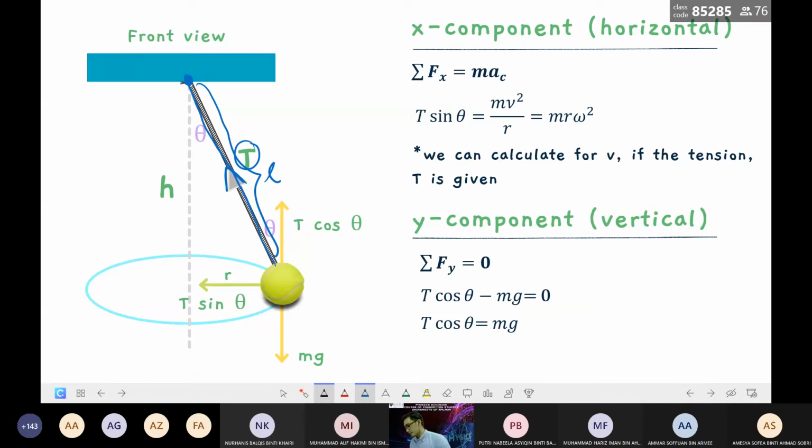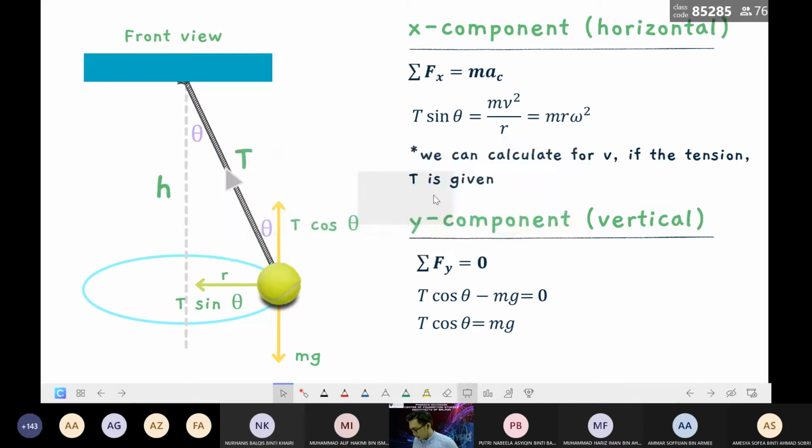So if I draw again, let me open my whiteboard. Okay, blackboard. So kita ada tension. Kalau saya draw the free body diagram, we have this tension. And how do we want to resolve this into x and y component? Okay, we know that if I redraw an imaginary vertical line here, and we have theta here. This is tension.